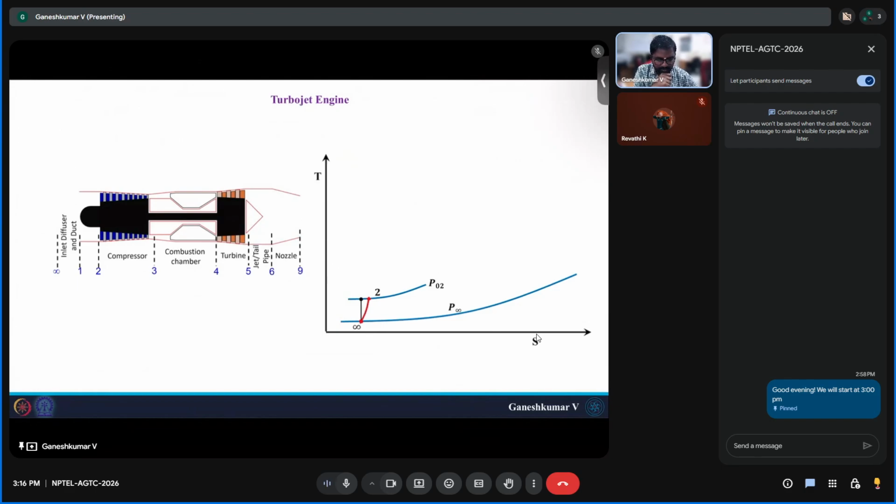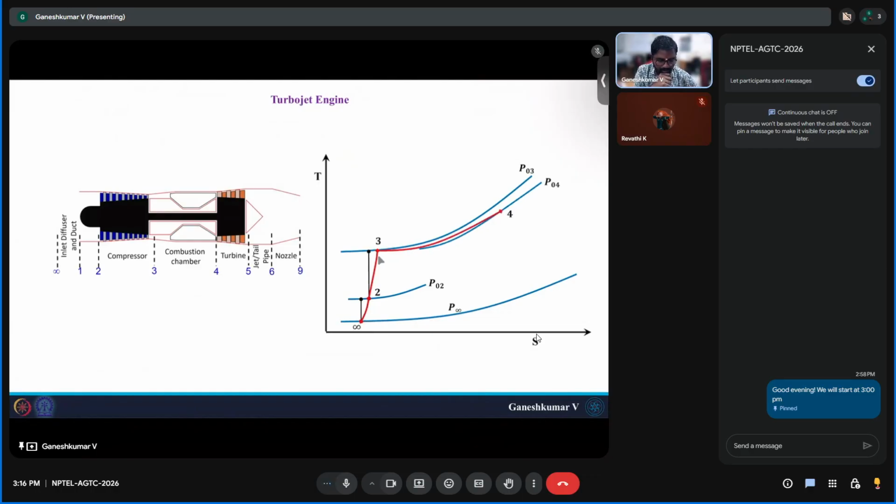From infinity to 2 there is a pressure rise because of inlet ramming effect, and from 2 to 3 there is a pressure rise because of the compressor, which will be much higher than infinity to 2. Don't take this graph too seriously: infinity to 2 would be very small, and 2 to 3 would be very large.